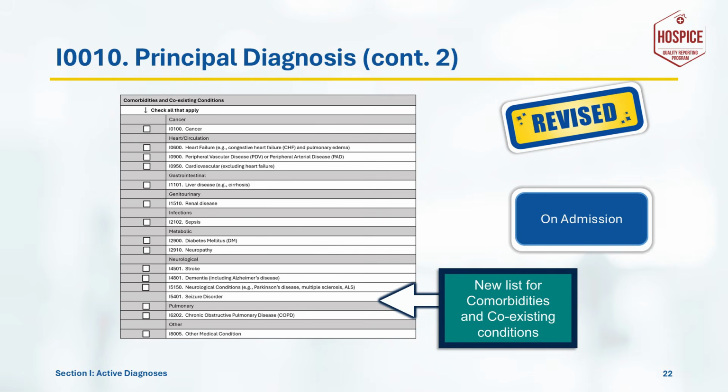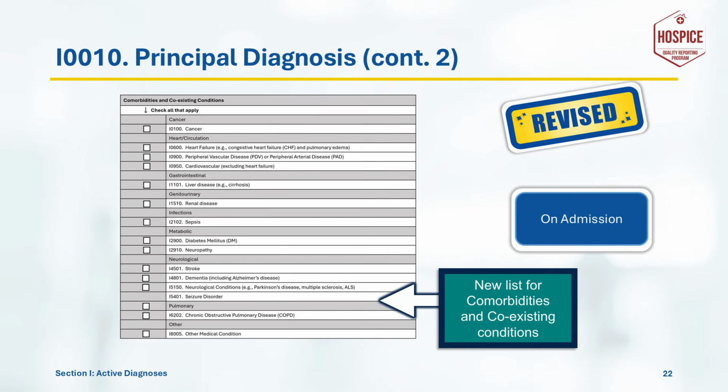To complete this portion of the item, review the medical record for comorbidities and/or coexisting conditions at the time of admission to the hospice. Check all comorbid and/or coexisting diseases or medical conditions that are addressed in the plan of care or that have the potential to impact the plan of care.